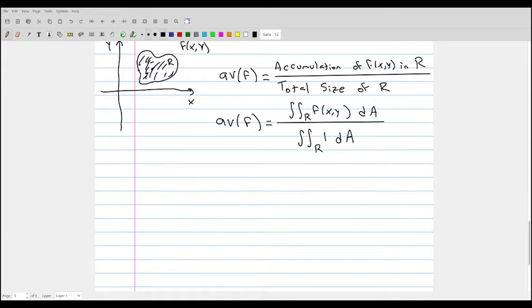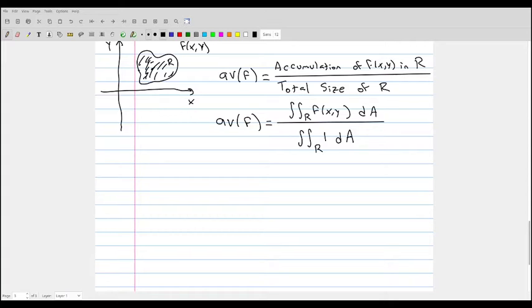For rectangular regions, that area is relatively easy to calculate, but be careful because in general, for a general region R, we don't know that it's rectangular, so you might have to go through, when you're calculating the average value, in general, compute two integrals. You'll have to do an integral procedure for the numerator and an integral procedure for the denominator as well. So please be very careful when you're going through and doing that, right?